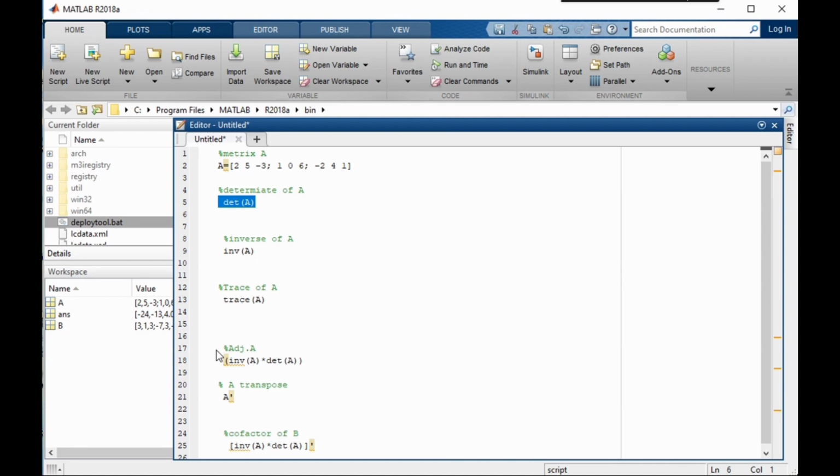Let's move also to adjoint A. For adjoint A, it has a formula. We have to multiply the inverse of A by the determinant of A for the computer to give us the calculation.